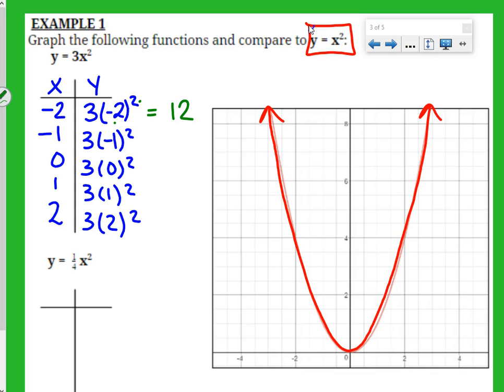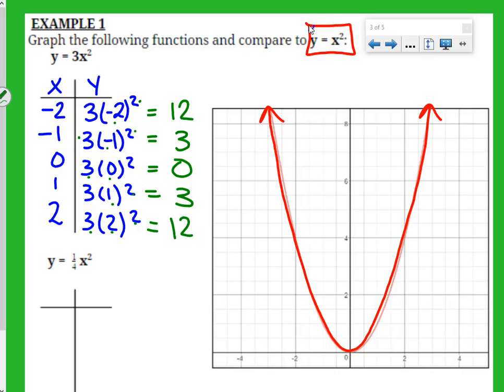If you're not confident in your operations, please use a calculator. -1 squared would be -1 times -1, which is 1, times 3 would be 3. 0 squared is 0, times 3 would be 0. 1 squared is 1, times 3 would be 3. 2 squared is 4, times 3 would be 12.